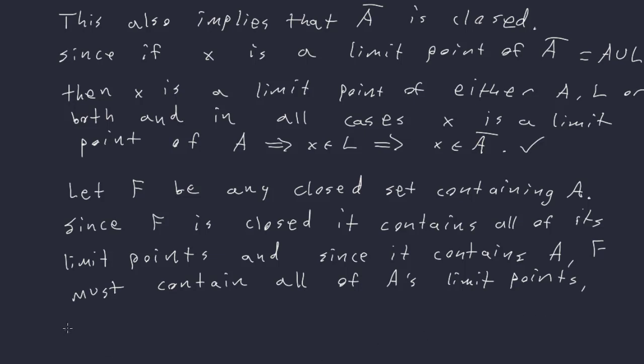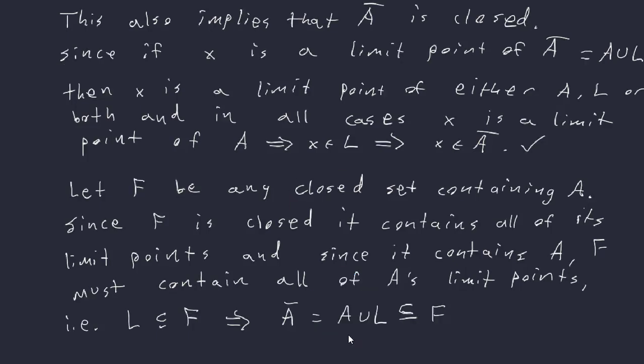In other words, L is contained in F. So A is contained in F, L is contained in F. This means that A bar, which is A union L, is completely contained in F, thus proving that A bar has to be the smallest closed set containing A.